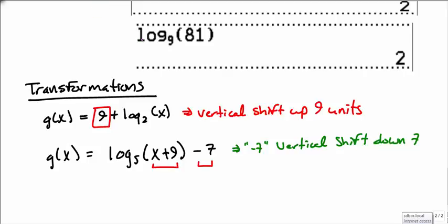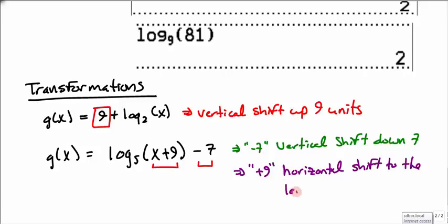Now with this x plus 9, because it's within the argument, it's opposite of what you'd think. This is a horizontal shift. Now it's a plus 9, so I do the opposite: horizontal shift to the left 9 units. So again, it matters whether it appears in the argument or outside the argument. In the argument, remember, it's always opposite of what you would think.